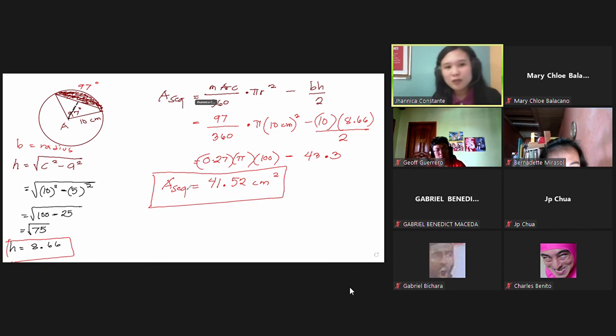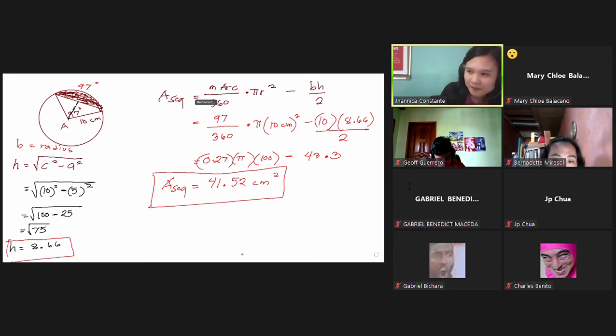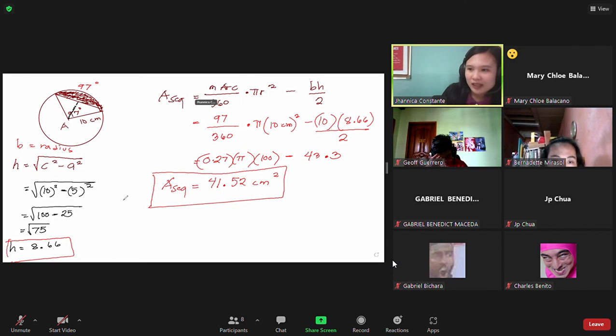Okay, so that's how we find the area of our segment. So try to solve for the area of the segment of this circle. Can I clear the screen with this example? Okay. Try this circle.